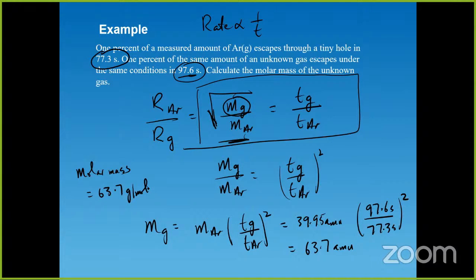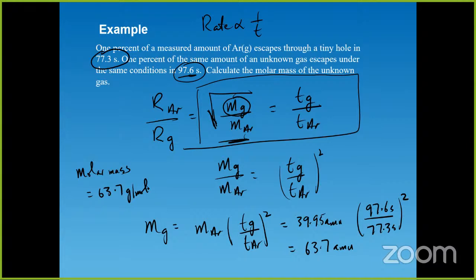So I want to underscore what I mentioned before. When it comes to these questions, you have to read them carefully. You have to identify whether the question is referring to either the rate of effusion or the time of effusion. Very important, right? The rate is basically how fast the process takes place. The time basically is how long.